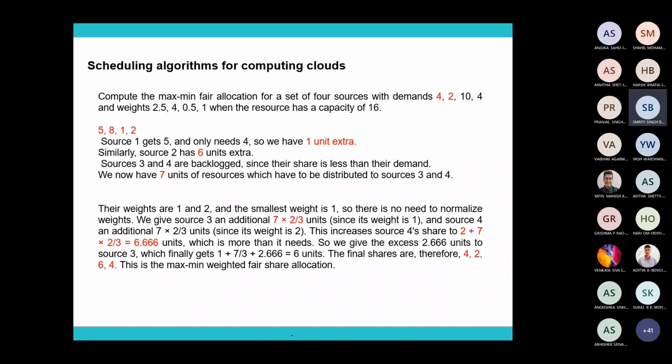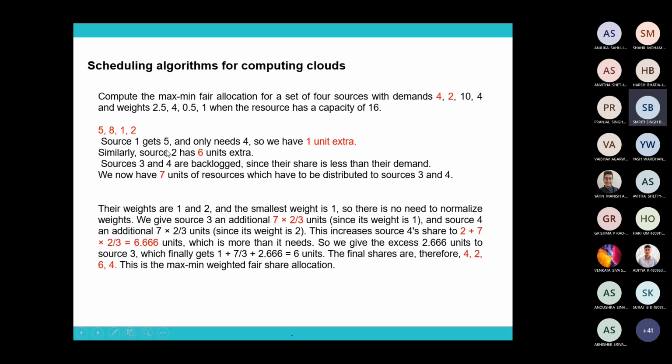Yes, sir. See, in this example they have taken source 1 and 2 together. You look here, what they have requested is 4, 2, 10, 4, and according to the weight it is 5812. So source 1 has 1 extra, and source 2 has 6 extra.